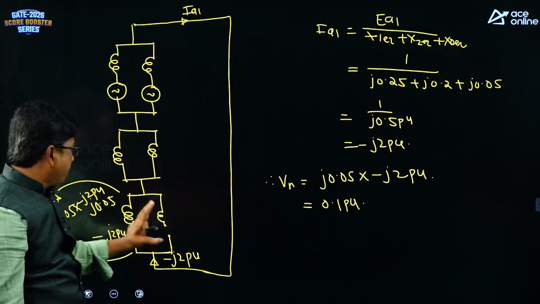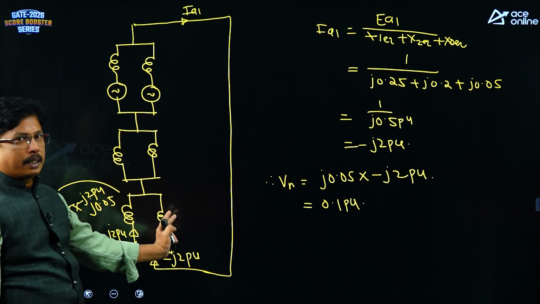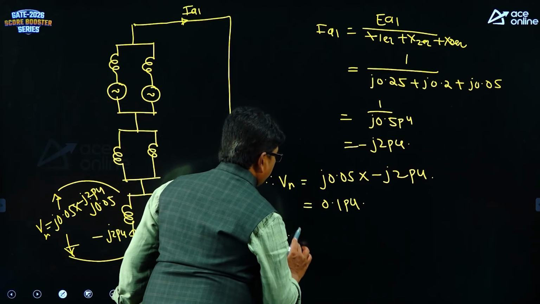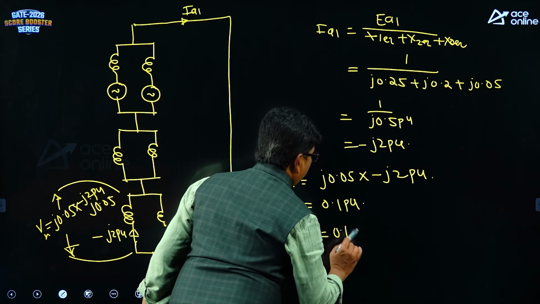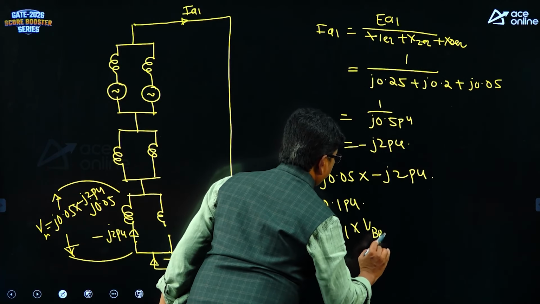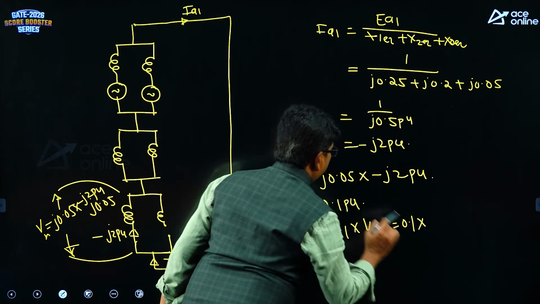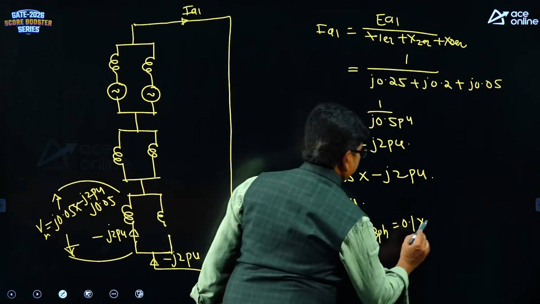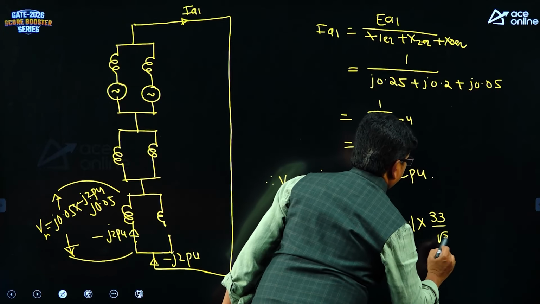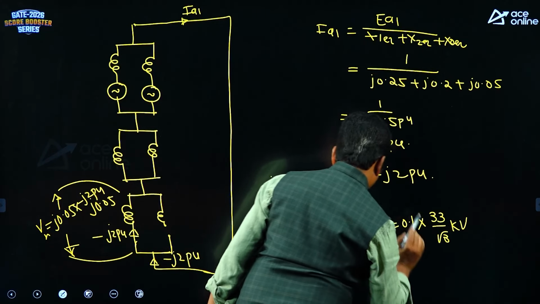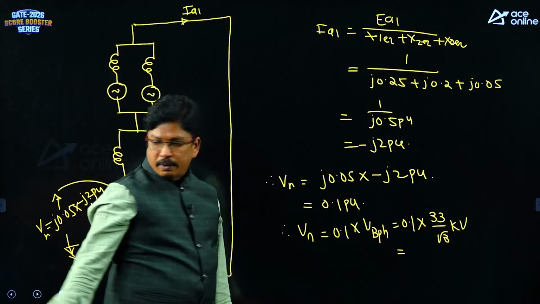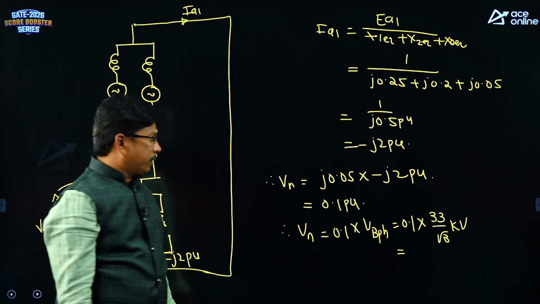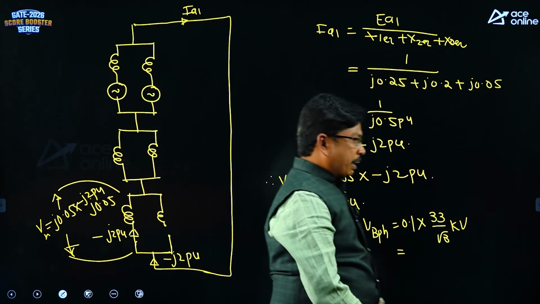Same only, open circuit voltage will be, the total voltage will appear across this one. Therefore, the neutral voltage is 0.1 into VB phase. It is 0.1 into, you will get 33 divided by root 3 kilovolts, right.